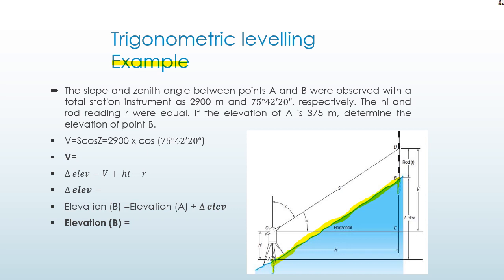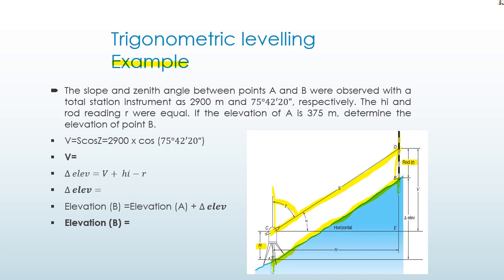So in this diagram, we set up the instrument at point A. We can measure the height of the instrument HI, and we point the telescope to the rod at point B. You can then determine the height of the rod from B to D. That's the value R. The vertical angle Z can be determined from the instrument.